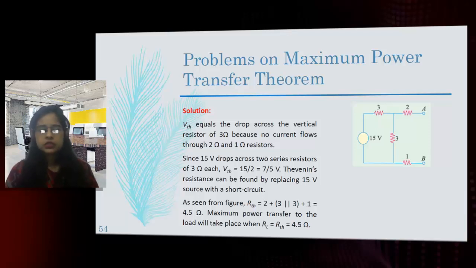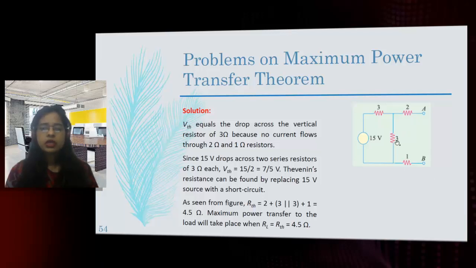So VTH first. Our next work is to find out the value of VTH. So VTH is the voltage appearing across this, right? VTH equals the drop across the vertical resistor 3, because no current is flowing here.